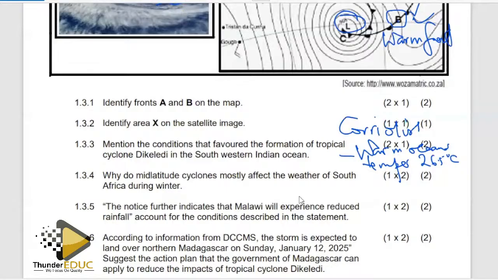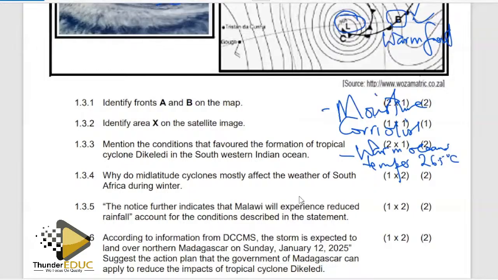Because of the increase in Coriolis effect, the circulation creates the vortex, which facilitates the formation of tropical cyclones. And also we can talk of availability of moisture. Because of the warm ocean, there is also availability of moisture, which facilitates the formation of the weather system of a tropical cyclone. So basically, the question requires you to identify factors in the Indian Ocean which are favorable for the formation of tropical cyclones.